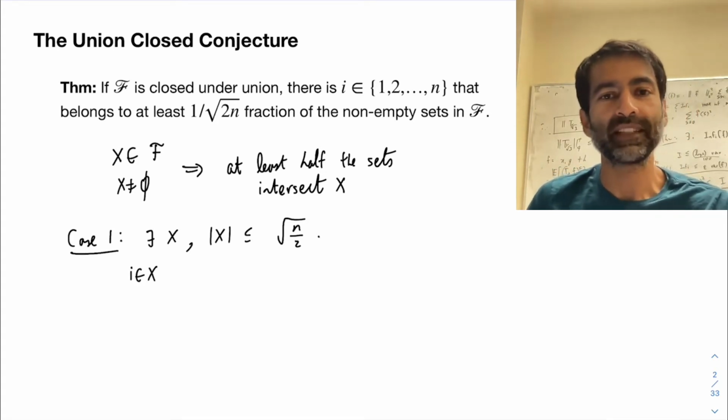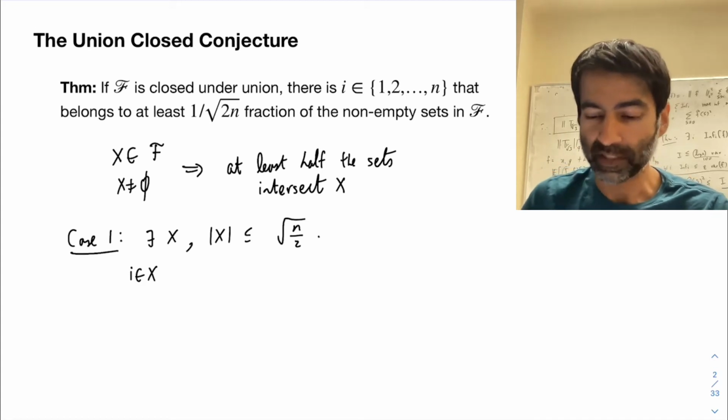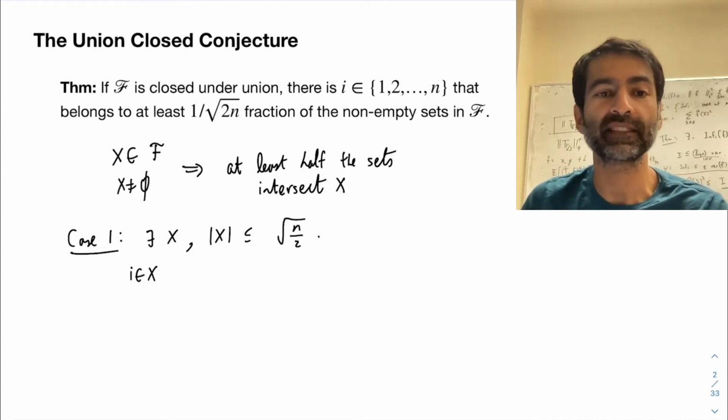Then how many sets in the family will contain this element? Well, at least half of the sets in the family intersect x, and for every set that intersects x, the chance that that set contains this element is at least 1 over the size of x.